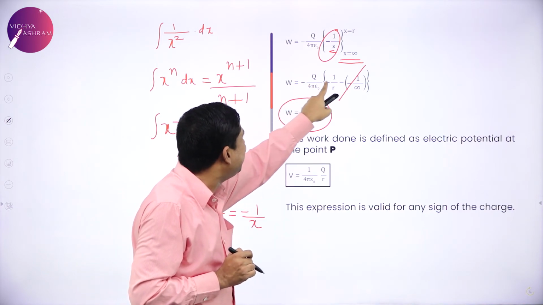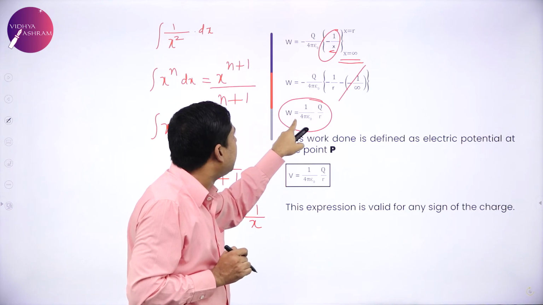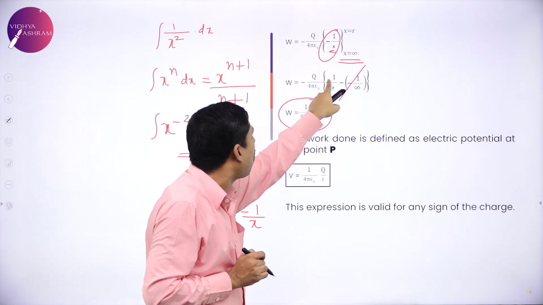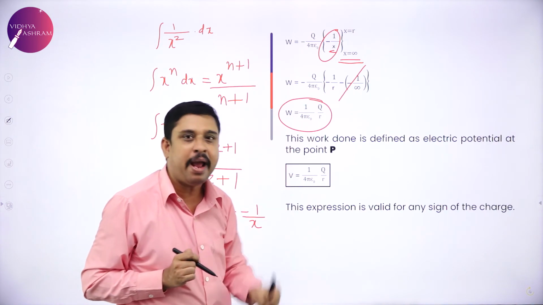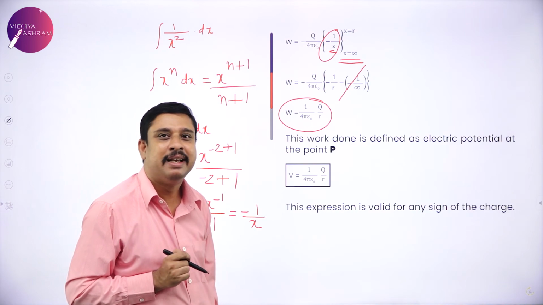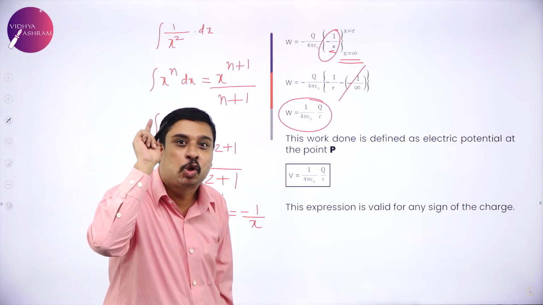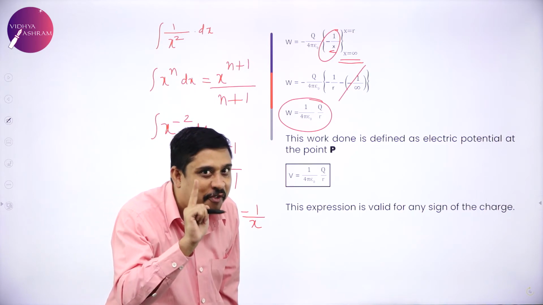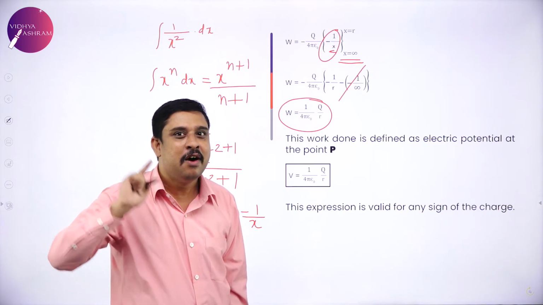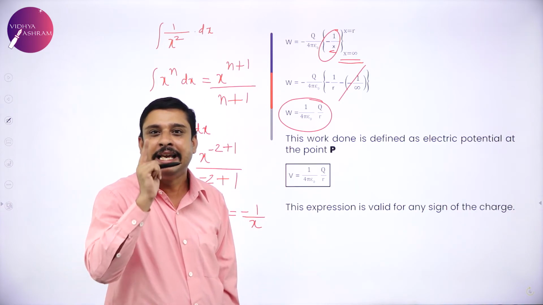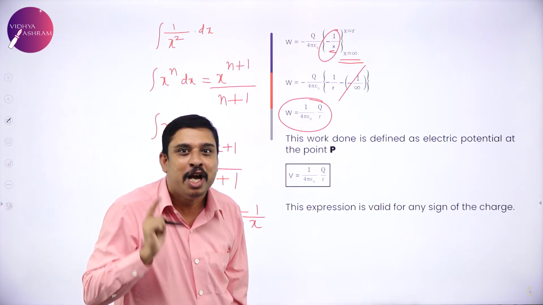So this minus into minus plus, so W is 1 by 4 pi epsilon naught q divided by r. What is this W giving me? It is the total work done to move the charge from infinity to the point P. What did we calculate here?